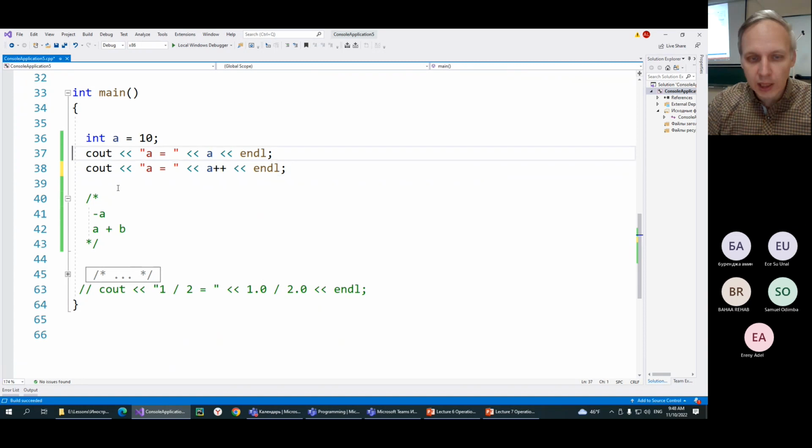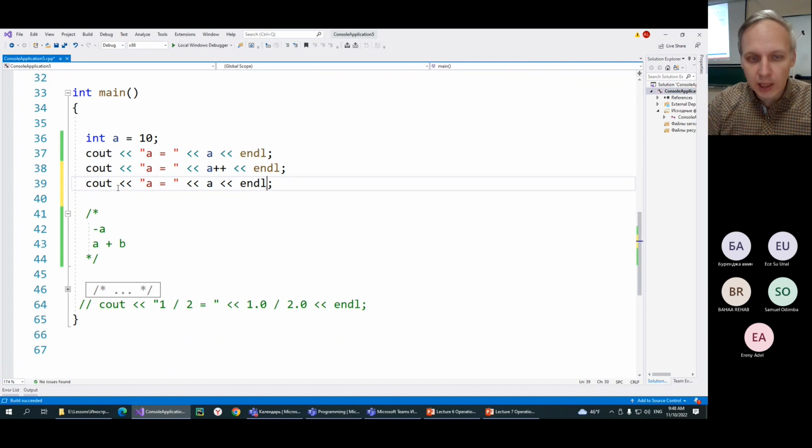Let me write the operations like this. Let me write a++ inside the output statement. The result that we will see on the screen will be 10, 10, and 11.